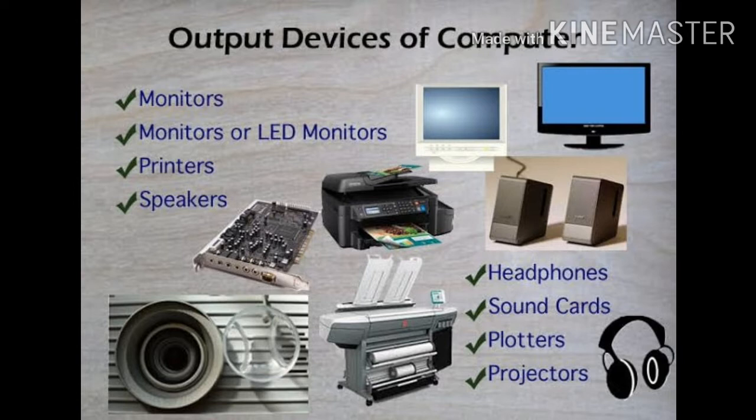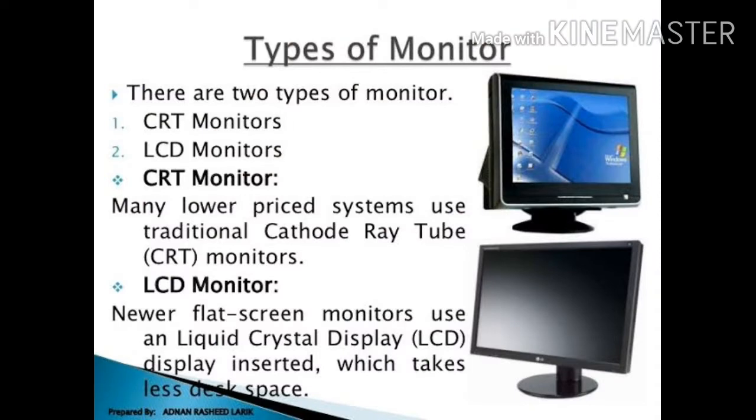In the same way, there are different types of monitors available in the market. According to their specification, we classify monitors into different categories. There are two types of monitors: CRT monitor and LCD monitor. CRT monitors are lower-priced systems that use the traditional cathode ray tube; you can see at the back there is a cathode ray tube.